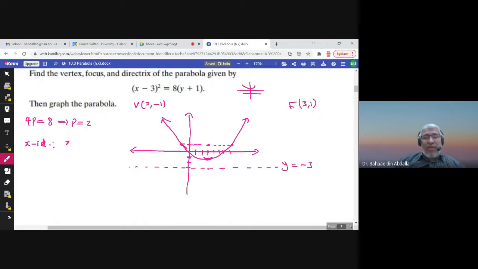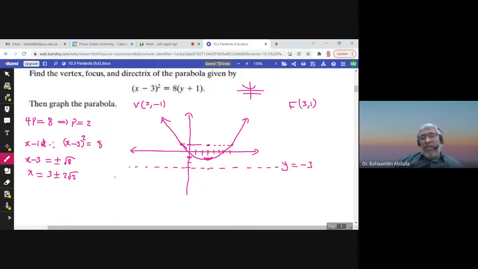So I have (x minus 3) squared equals 8 times 1, which is 8. So x minus 3 would be plus or minus the square root of 8, which is 2 square root of 2. So x is 3 plus or minus 2 square root of 2.